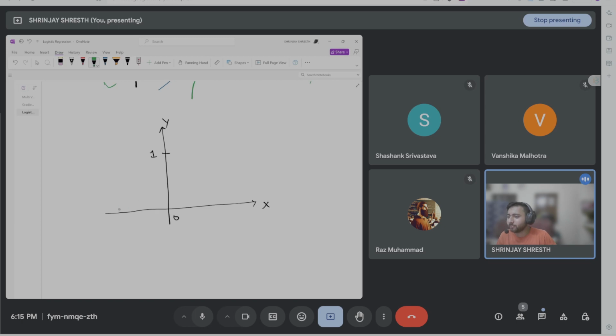So there is this very beautiful function which is known as sigmoid function, which happens to be something like this. It is a very beautiful function, and this midpoint is 0.5. This is known as sigmoid function. This is a graph of sigmoid function.